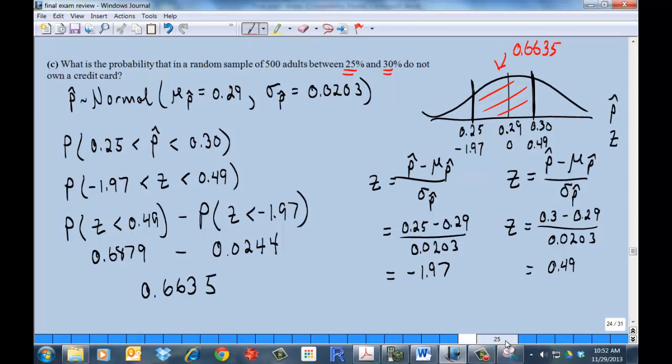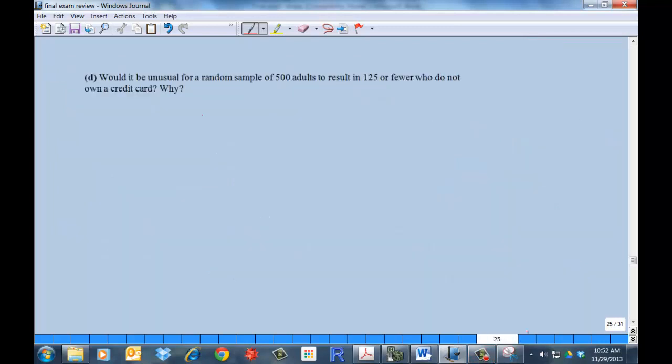Okay, next question. Or last part. Would it be unusual for a random sample of 500 adults to result in 125 or fewer who do not own a credit card? So again, we're using the same exact distribution as before.